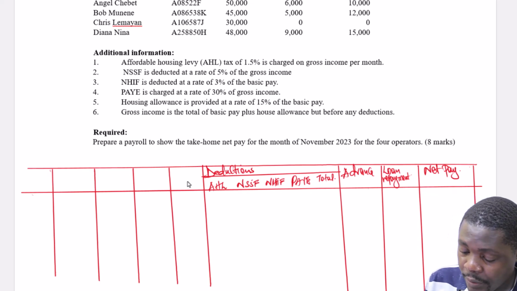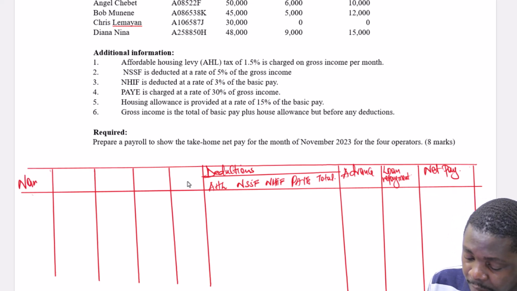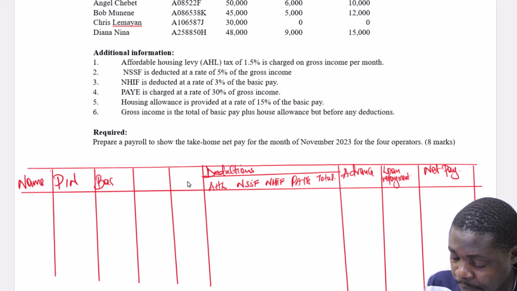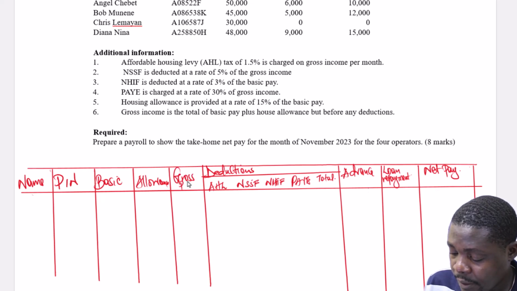We say number one, we are putting the names of these particular operators. This is the PIN. Then we have the basic pay, then allowance. Then this we are putting the gross pay.